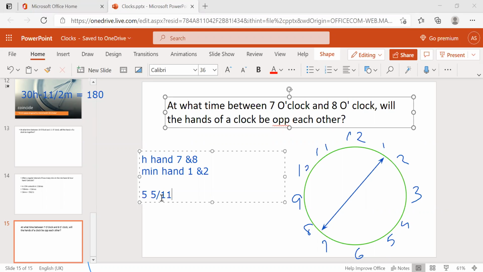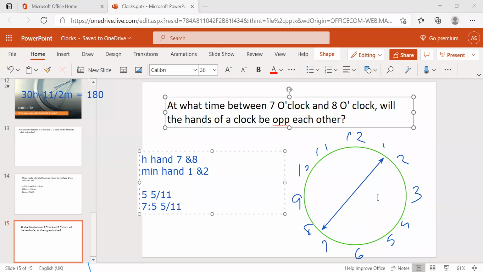This 5 by 11 is a proper fraction, so no need for conversion, no need to add anything. So exactly at what time will they meet? 7 hours, 5 by 11 minutes, they will be opposite to each other.